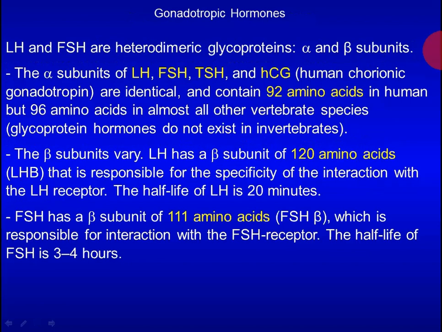Luteinizing hormone and follicle-stimulating hormone are heterodimeric proteins made up of one alpha and one beta subunit. The alpha subunits of luteinizing hormone, follicle-stimulating hormone, TSH, and HCG are identical.